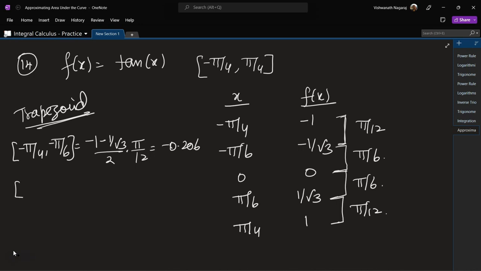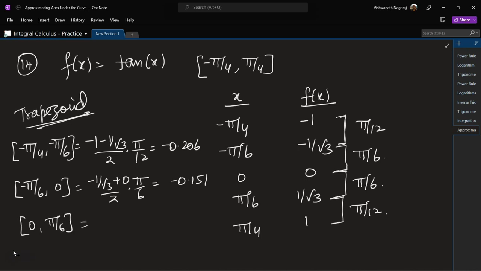Okay, now minus pi by 6 to 0 gives me minus 1 by root 3 plus 0 by 2 times pi by 6, which gives me minus 0.151. Then 0 to pi by 6 will give me 0 plus 1 by root 3 by 2 times pi by 6, which is equal to 0.151.